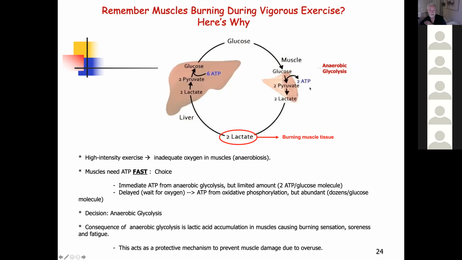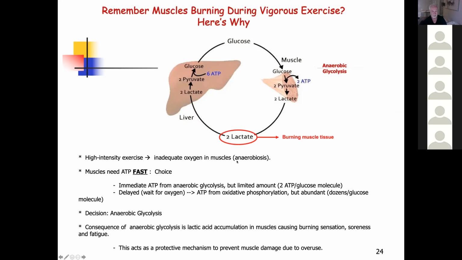And this is relevant to all of us when we get tired. You've all done vigorous exercise and your muscles burn, and here's why they do. You have glucose in the muscle being converted to lactate, which accumulates, and the lactate then is metabolized back to glucose. So why do your muscles burn?